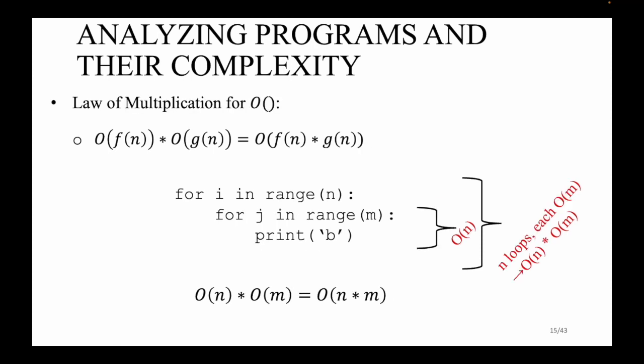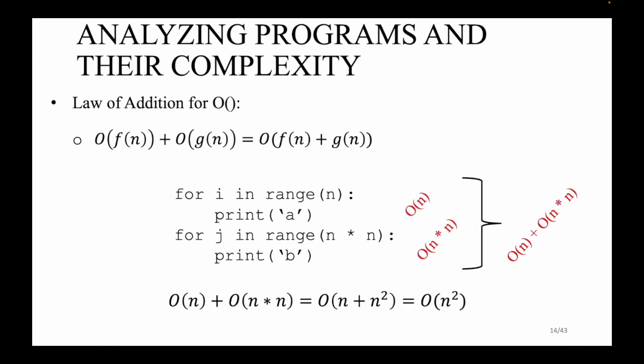The second rule is multiplication. You see that we have something in the loop here, and this one is outside the loop. For each iteration of our loop here, we still want to track the n count. They are next to each other, which is different from this one, where they are separate.